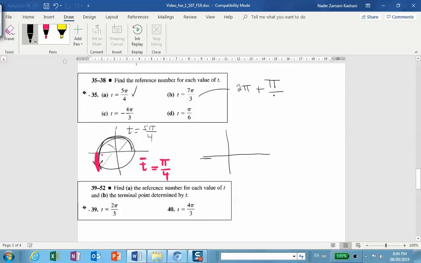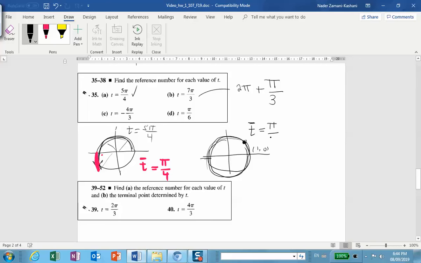If this is the unit circle, you start here, always start here, at 1 and 0. You go 2 pi, and then you go another pi over 3, and it lands you right there. The shortest distance is going to be pi over 3.